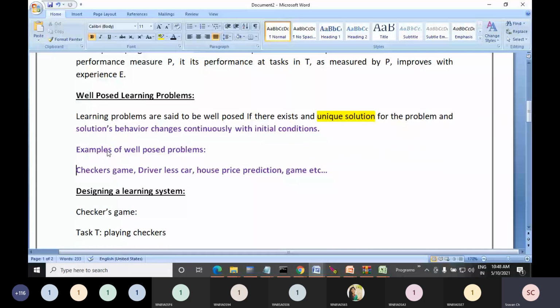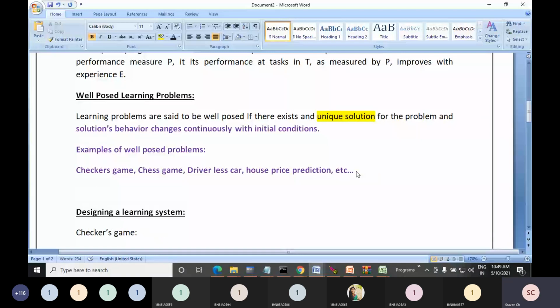Checkers game. It need not be a checkers game, it can be a chess game also. Driverless car, house price prediction, any other game, etc. Now, let us take the example of a driverless car.